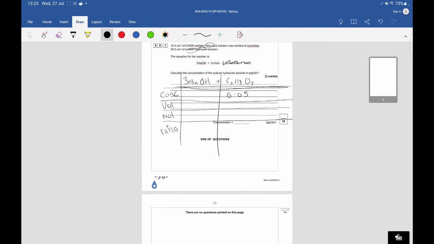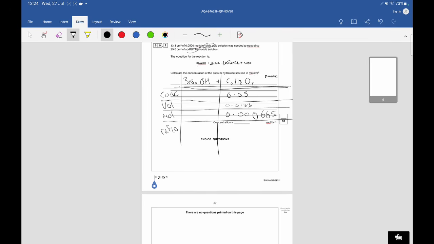So we're going to do 13.3 divided by 1,000, which is 0.0133. So we're then going to do 0.05, and going down the table here, we multiply things together. We're going to multiply that by 0.0133 to get an answer of 0.000665.